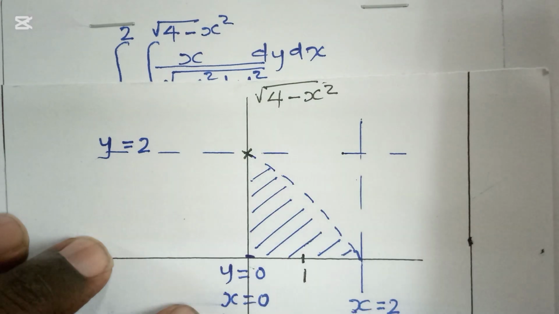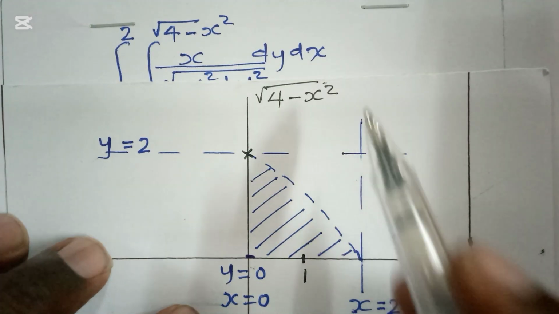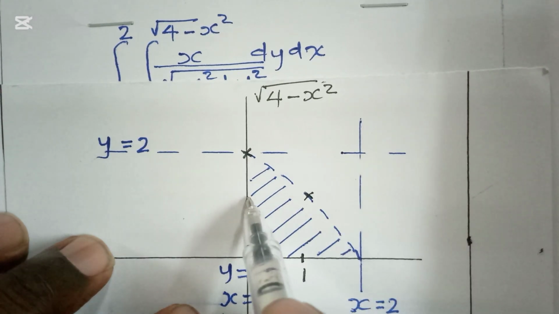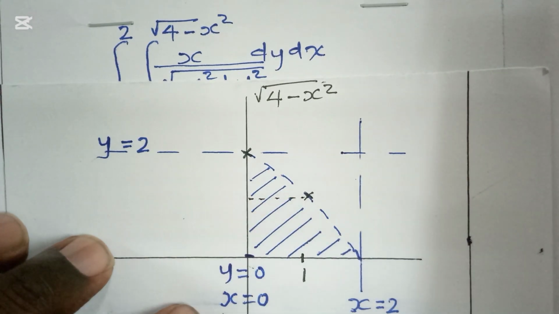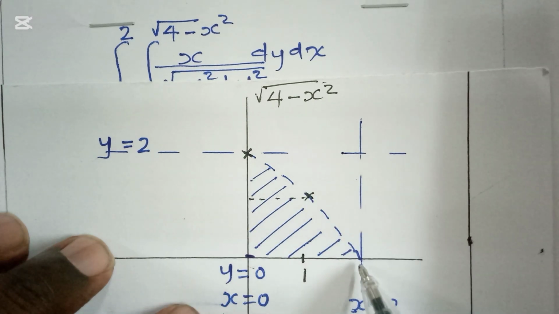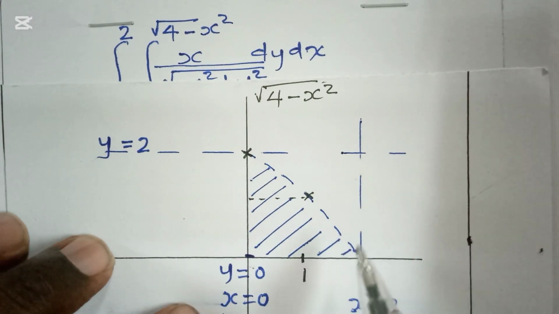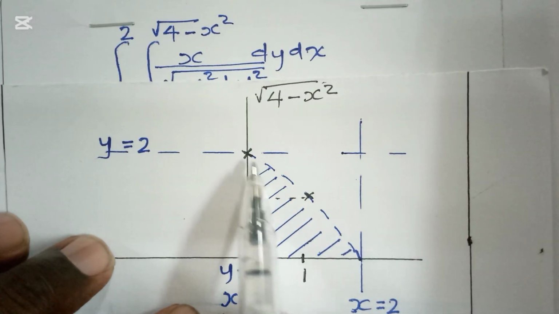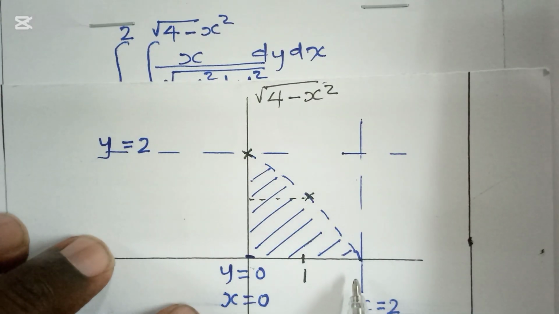We shall have 4 minus 1, which is 3. The square root of 3 will give us somewhere around here. That's how we come up with this line, because we can also put x equals 2. We shall have 4 minus 4 is 0, so the 0 will come here, and then we join that line by use of a curve.